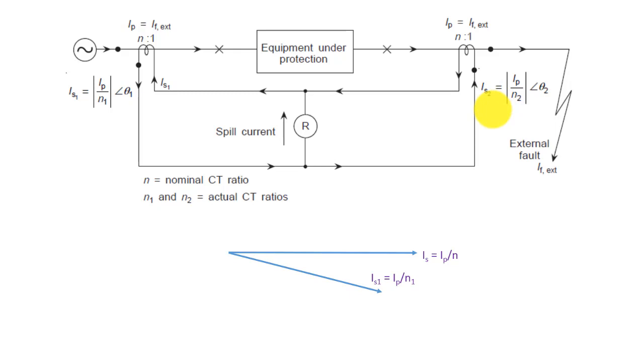When the external fault happens and when there is some error, CT ratio error and phase angle error, we can see what happens. This is your ideal secondary current of CT, IS, that is equal to IP by N, where N is the CT ratio, and in fact it doesn't happen because of the ratio error and phase angle error.